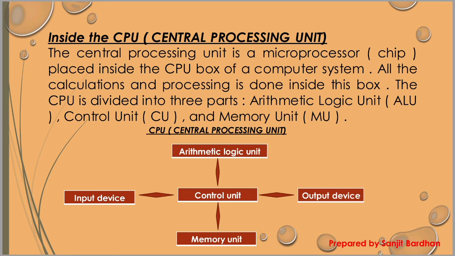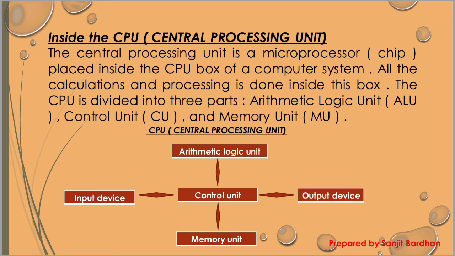Here is a diagram. First we give some instruction to the computer via an input device. Then the instruction comes to the control unit. Then the control unit fetches the data and sends the data to the arithmetical logical unit. Then the arithmetical logical unit processes the data logically.